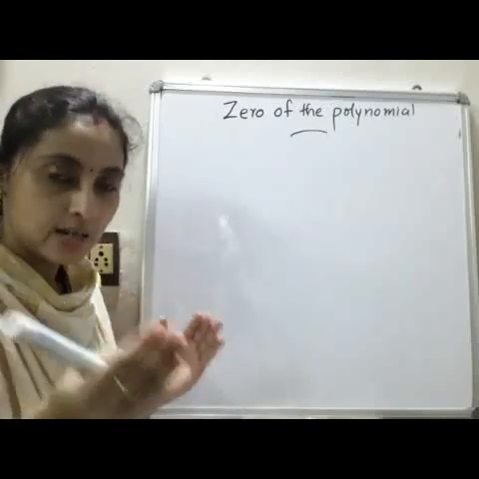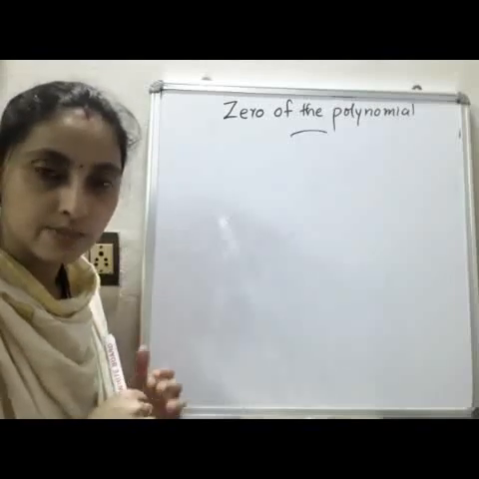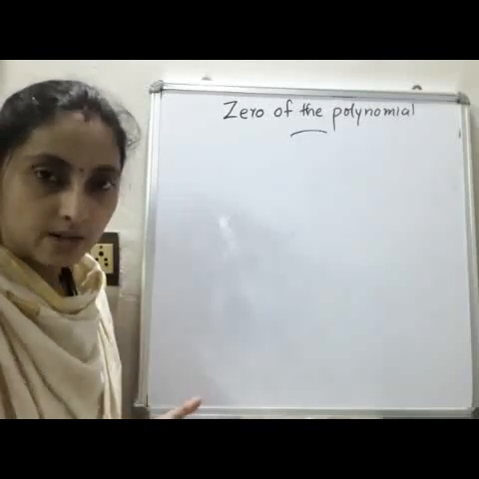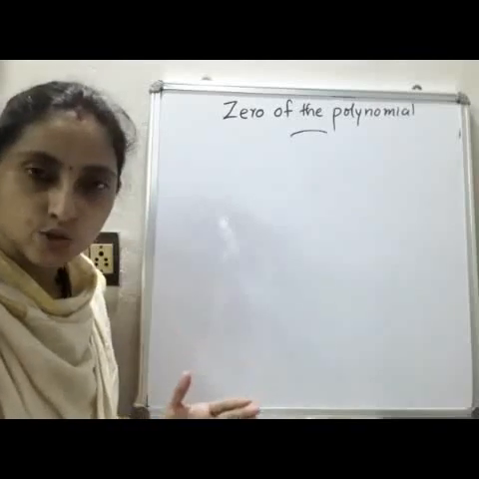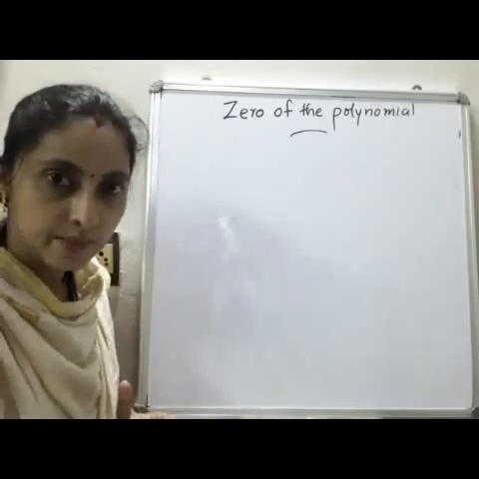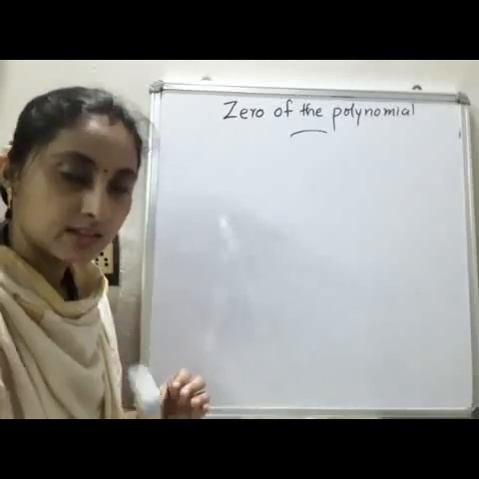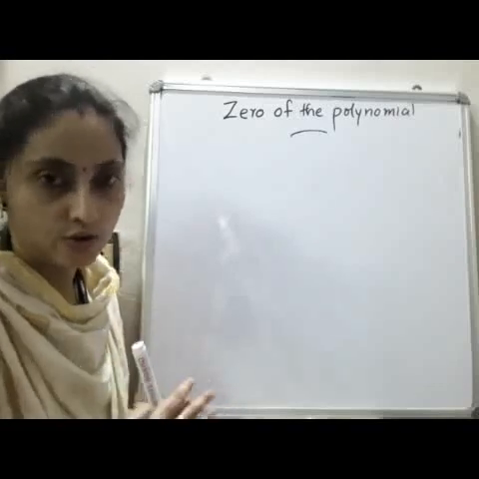We are substituting different values for x. In the previous question, you were finding the value; we substitute x is equal to 2, and finally t is equal to a. So, for what value of x the polynomial is 0, you have to find.